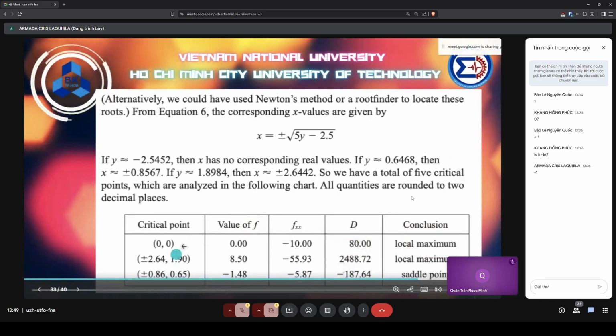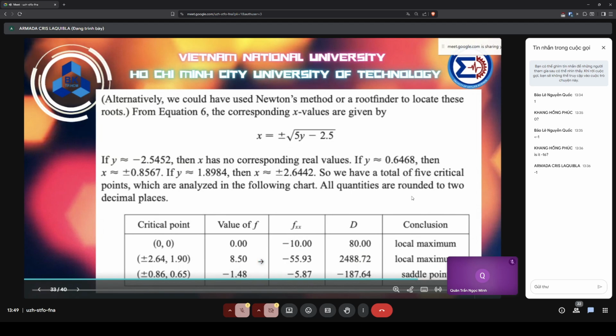Now, for the other 3 points, d is positive, and fxx is negative. So since fxx is negative, they are called local maximum, right? And the value at 0, 0 is this, and the value of these 2 points is 8.5.